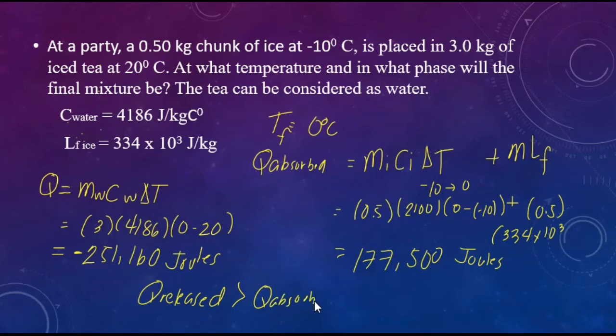So that means you have to have additional heat absorbed here so that they will be equal, because thermal energy is conserved. Whatever was released should also be absorbed. So something is missing here. Then we can say now that all ice has melted. However, the final temperature is not 0, but we can identify the final temperature by completing this equation. Okay? So let's continue.